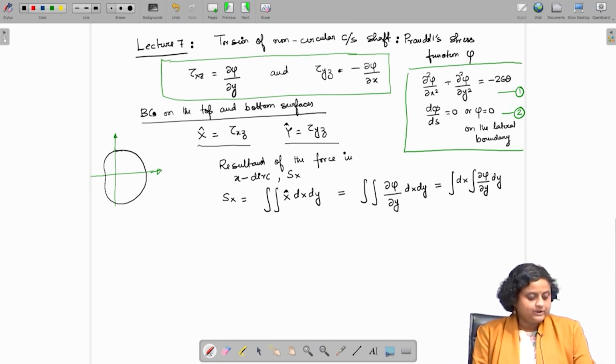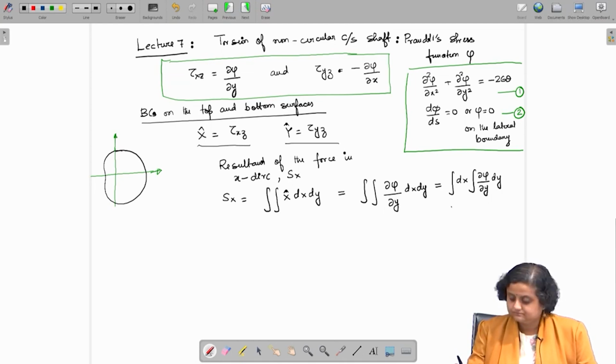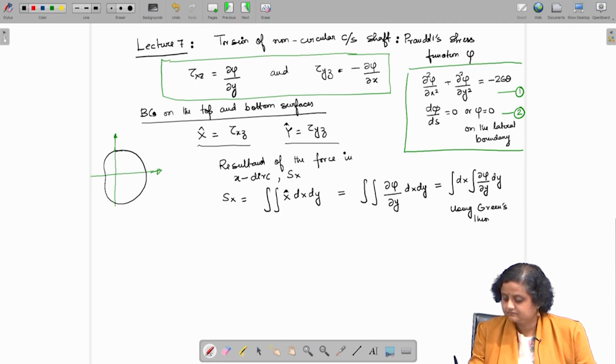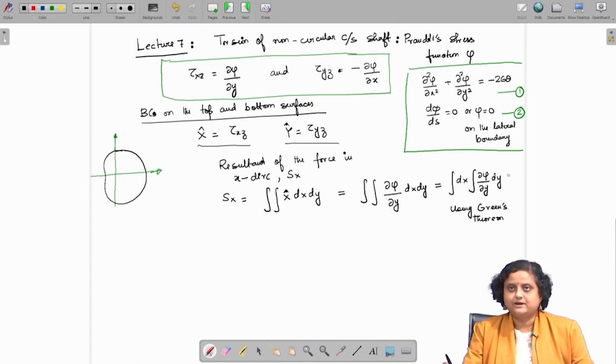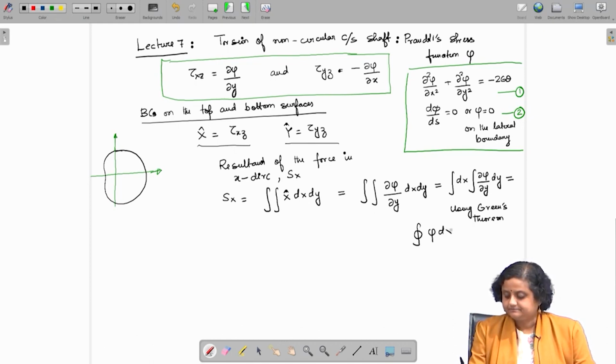Now, using Green's theorem, this expression can be written as the contour integral of phi over dx.